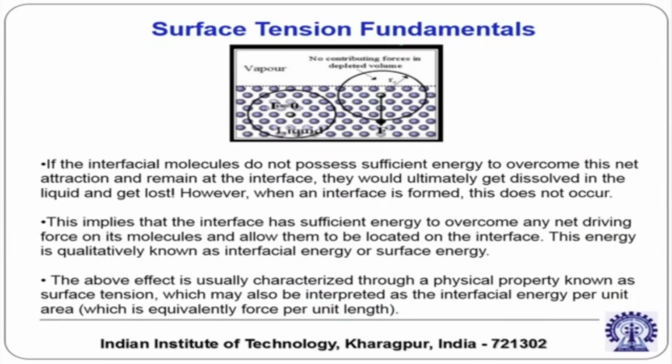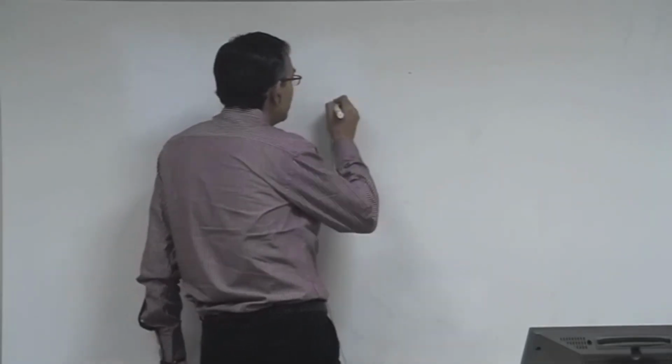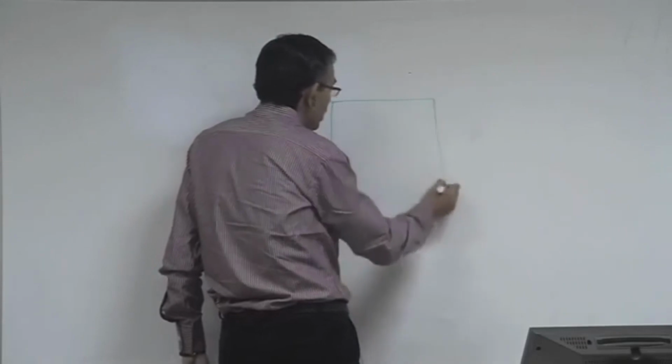We will briefly revisit the fundamentals of surface tension, that is, what is surface tension and why is it important. I will come to the board, of course it is represented in the view graph also, but we will utilize the view graph mostly for summarizing our observations.